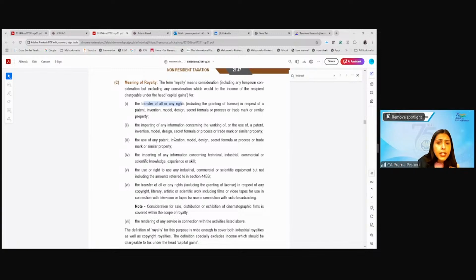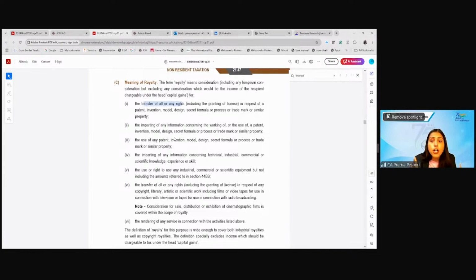Now the payment that you make, that is not royalty, because you have not got any right to change the coding of that particular MS Office. Can you change the code of Tally? Can you change the code of MS Office? Answer is no. So what you are paying is a sale of a product to you.